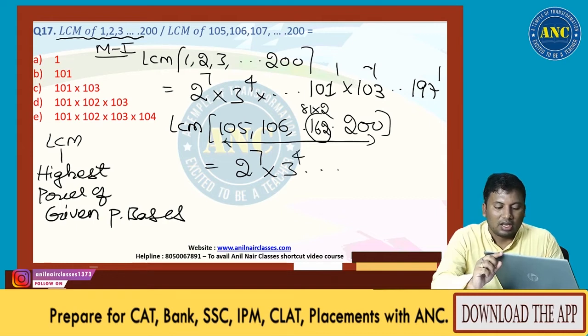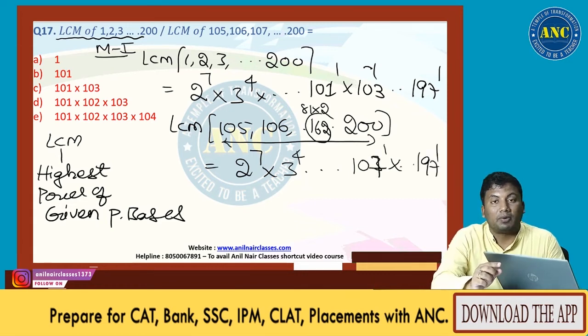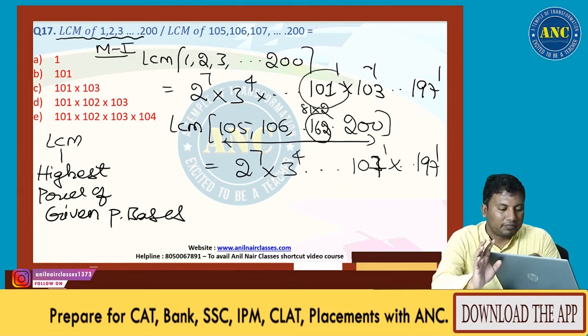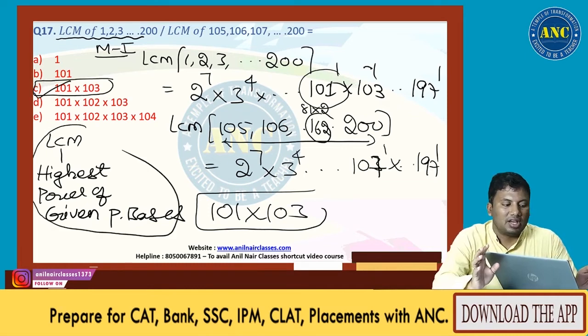And so on, I will get 103 into 107 and so on up to 197. 2 power 7, 128, is a part of it, and the 81 multiple, 162, is a part of it. Now see here. What is remaining here? 101 is remaining and then 103 is remaining. Remaining all you will get 101 into 103.